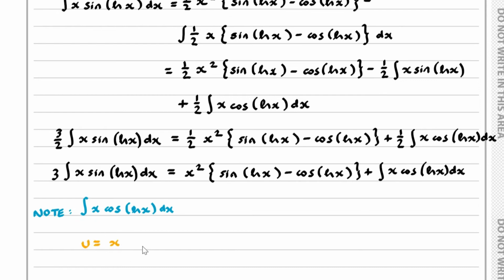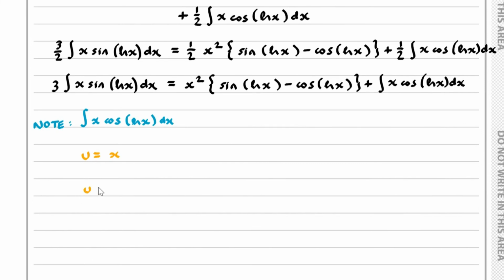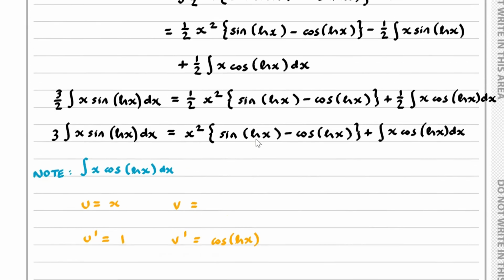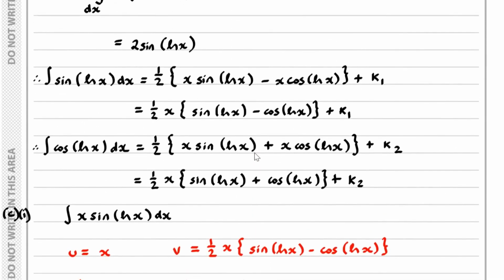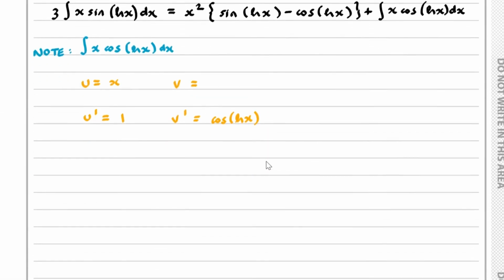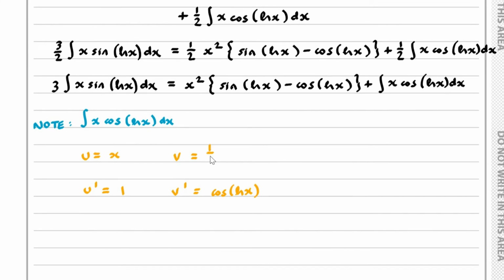U is equal to x, u dash is equal to 1, v dash is equal to cos of the natural log of x, v is equal to the integral of this, which is, well, we worked it out previously, that was given by 1/2 x times by the cosine of the natural log of x.